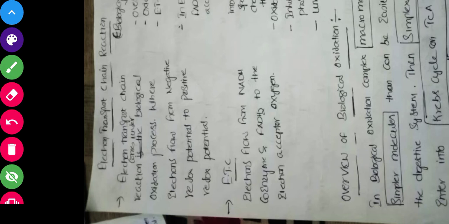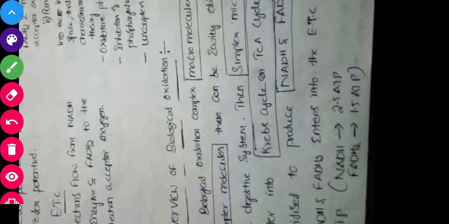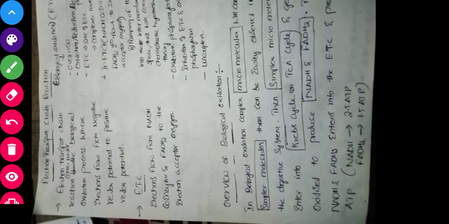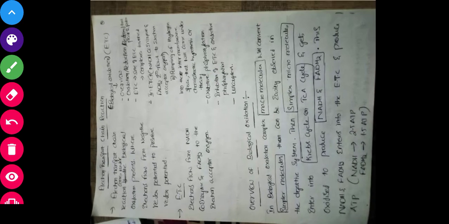Now we'll study the overview of biological oxidation. What is biological oxidation? Biological oxidation is nothing but the breaking of macromolecules into simpler ones that will be easily digested and absorbed in the digestive system.